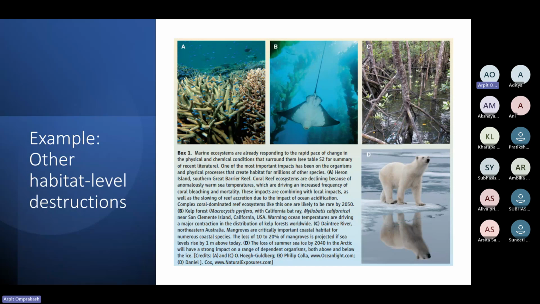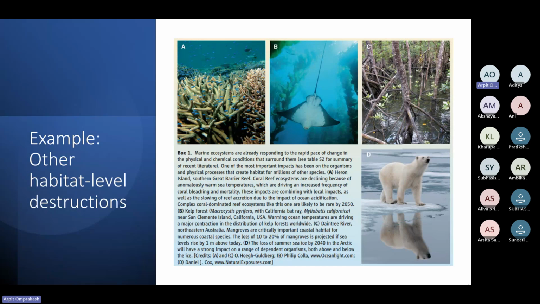Then there's a lot of loss of mangroves that is also seen due to increase in water levels. Mangroves have these pneumatophores which come out of the water to breathe as the water level increases. Due to increase in temperature, it leads to melting of polar ice caps, right?